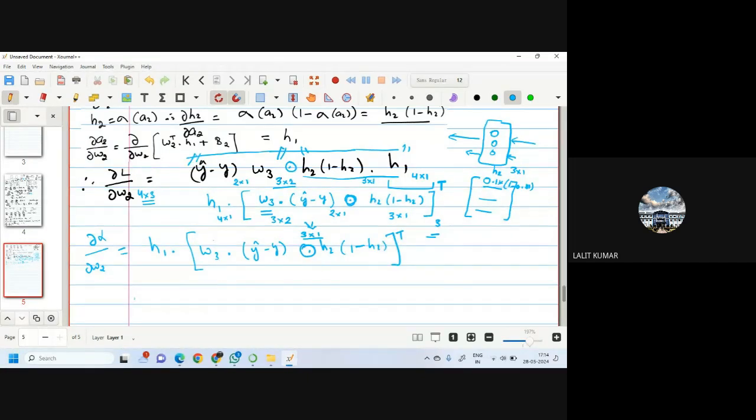And when you take del L by del V2, everything remains the same. Only one major change will come: with respect to H1, it will become 1. So H1 will go away.